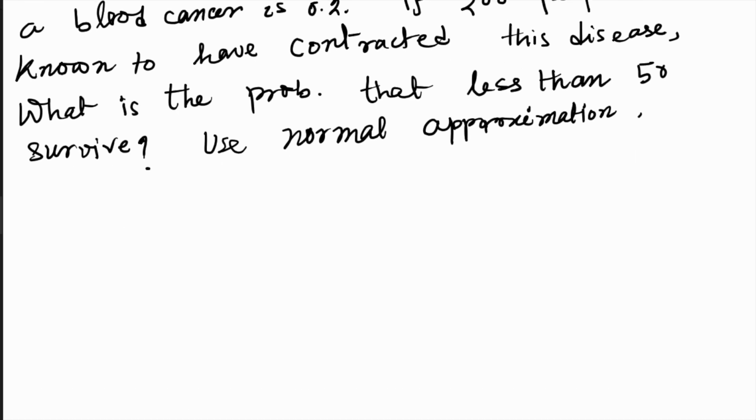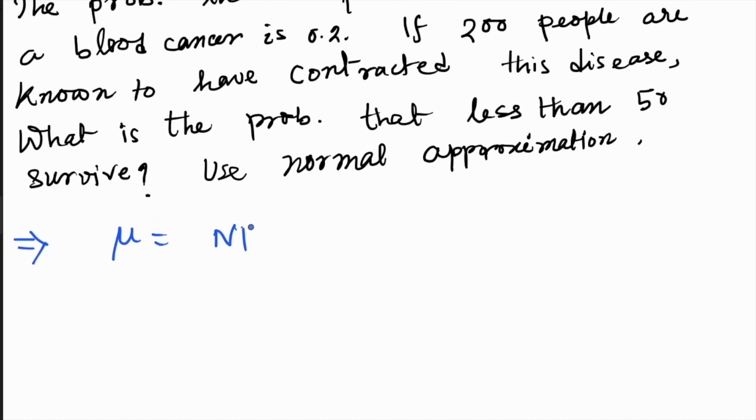Now we have to first know what is the mean. Mean will be n into p, here the sample size into the probability of a single event occurring. So that is 200 into 0.2, which is 40.